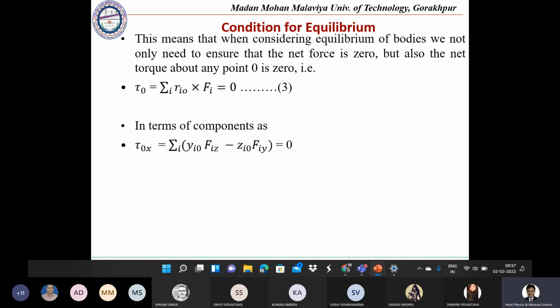So Tanya, you are in meeting. Yes, sir. Let me know from where we are getting this component. How we are writing this tau_Ox is equal to this summation over this one and this one? How we are getting this? Sir, I don't know. क्यों भाई, ऐसे कहने से काम थोड़े चलेगा, बोलो.